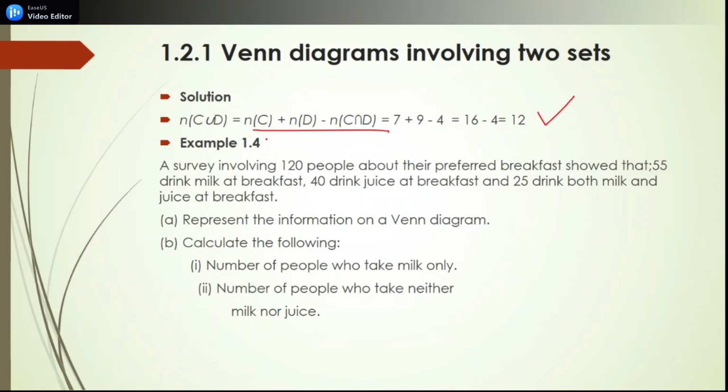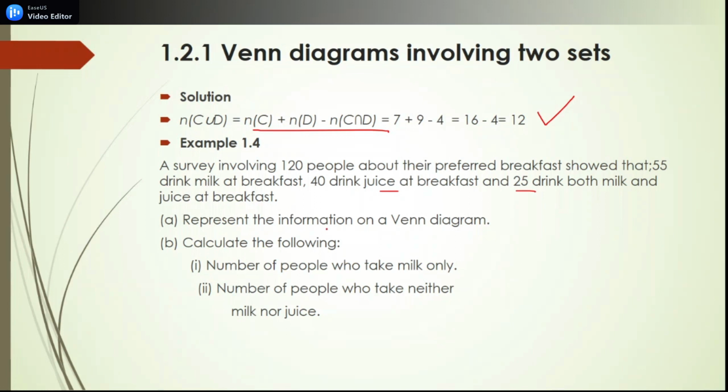We have example number 4. A survey involving 120 people about the preferred breakfast found that 55 drink milk at breakfast, 40 drink juice at breakfast, and 25 drink both milk and juice at breakfast.